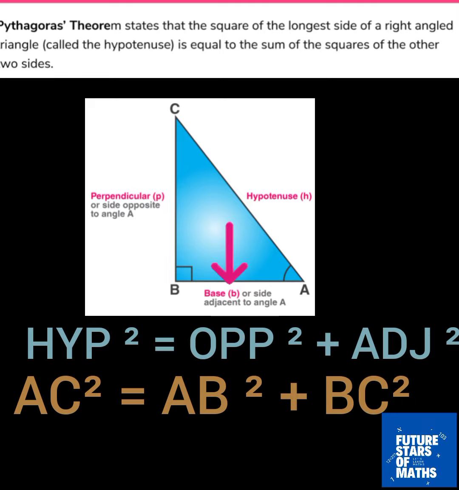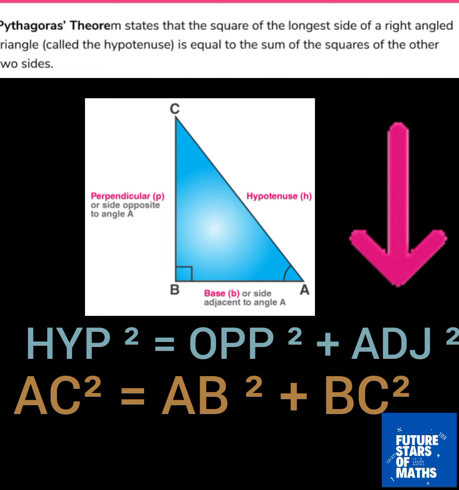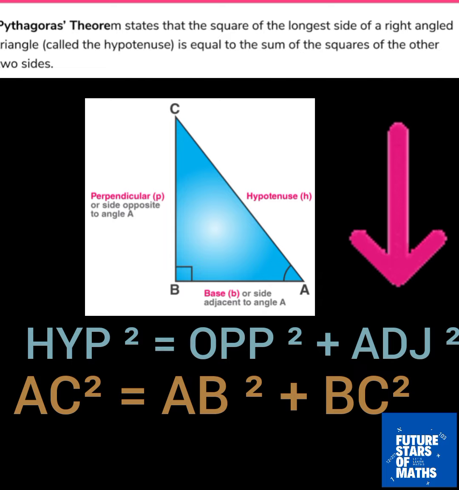So according to Pythagoras theorem, hypotenuse square is equal to opposite square plus adjacent square. That is nothing but AC square is equal to AB square plus BC square. This is very important to solve our first exercise.